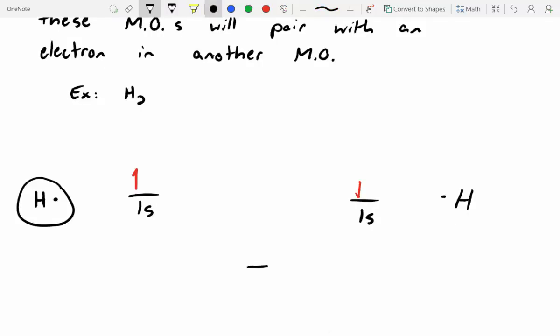And this bonding molecular orbital is more stable than the 2 of them separately, right? So I'll draw this bonding molecular orbital lower in energy, and it will be spin up and spin down. That will be our covalent bond that occurs between 2 hydrogen atoms.